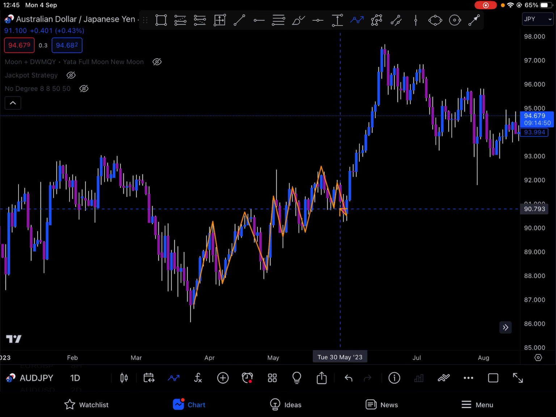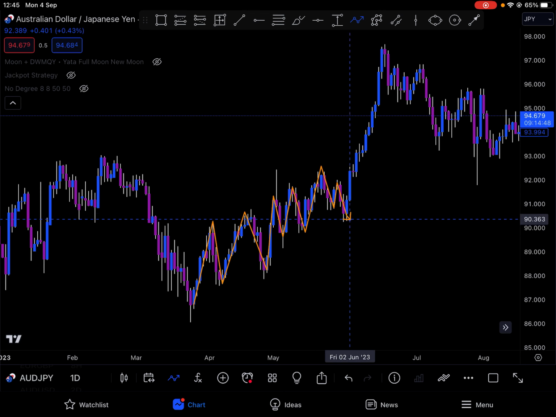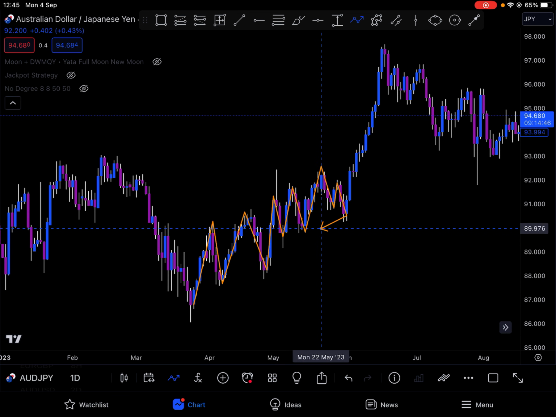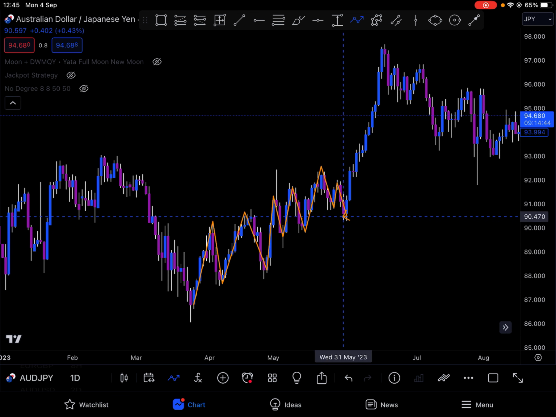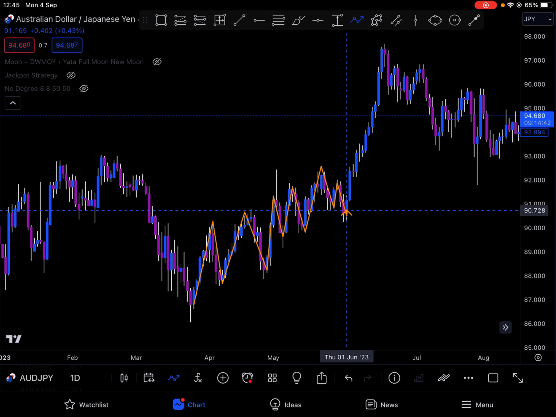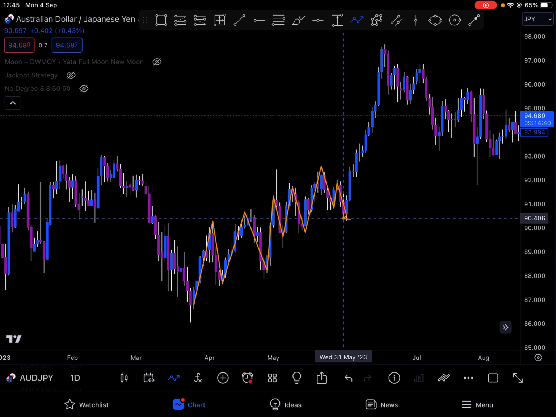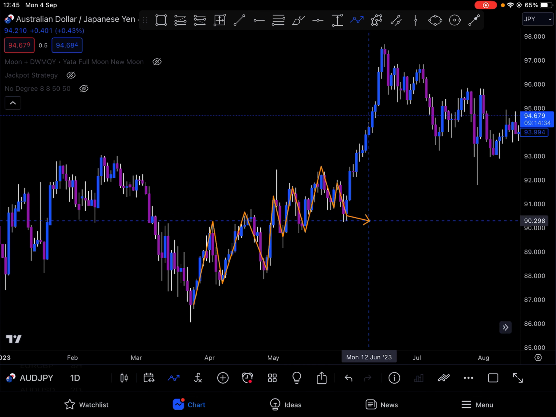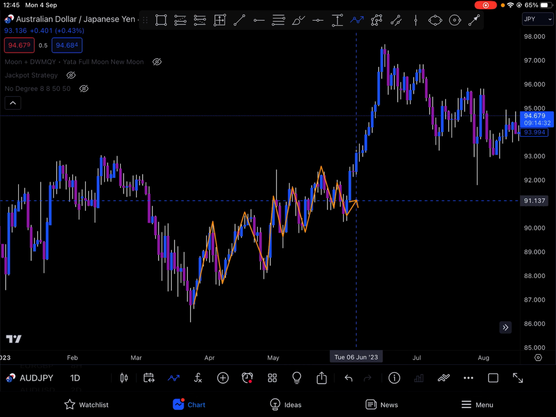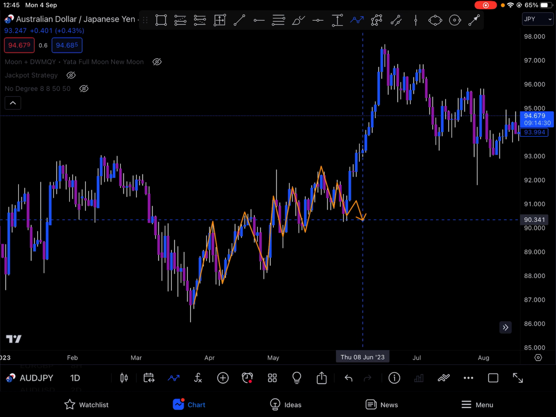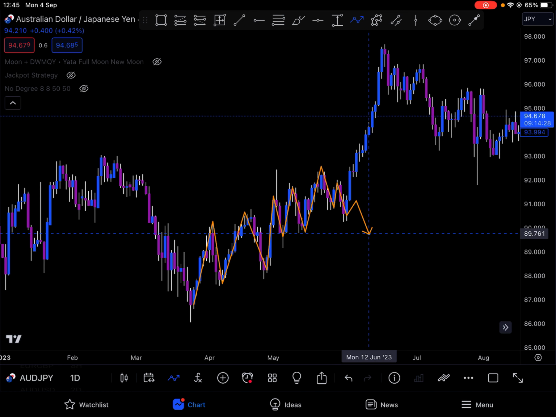But you can see that this lower low over here is still not lower than this. So until this lower low gets after this lower low, until there's a new lower high and then it continues, that's where the trend changes.